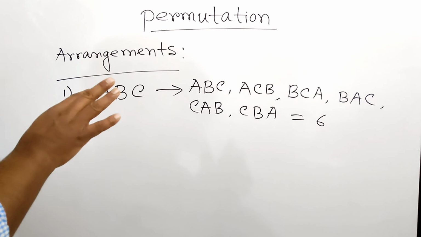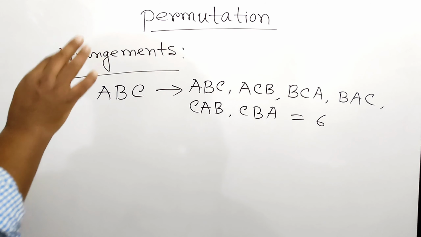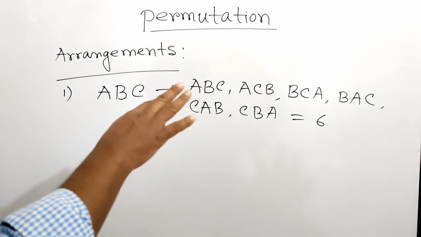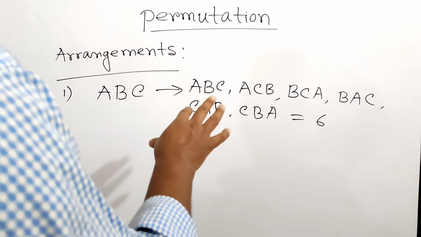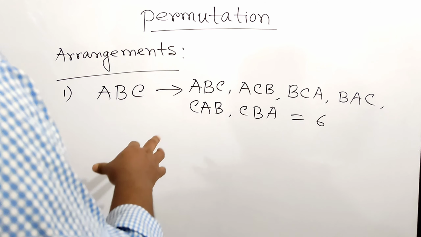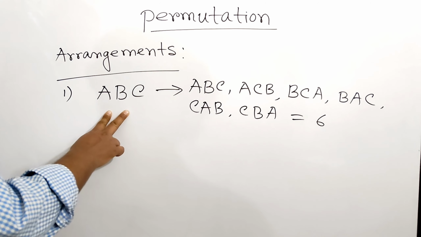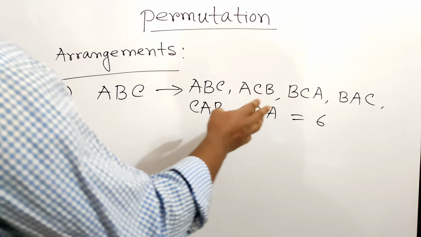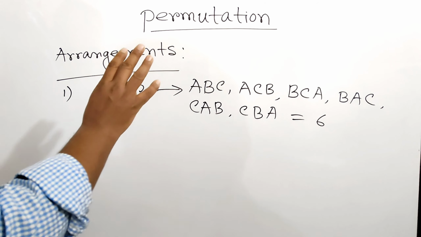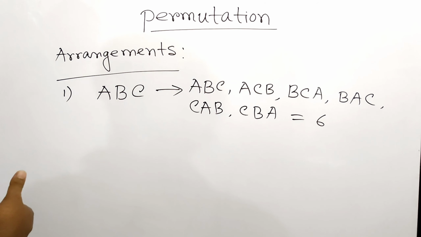Keep in mind, factorial is so important in this chapter, because without knowing factorials properly, it will be difficult to solve the problems. Look at only 3 letters, there are 6 arrangements. If there are 4 letters, there will be more arrangements.